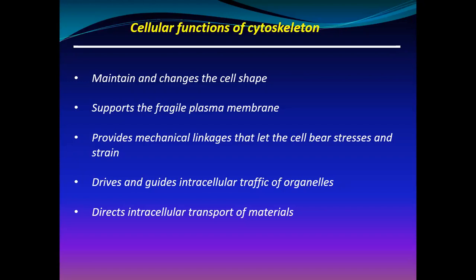And then intracellular transport of material. These are the main functions of the cytoskeleton: maintaining and changing cell shape, supporting the fragile plasma membrane, providing mechanical linkages that let the cell bear stresses and strain, driving and guiding intracellular traffic of organelles, and directing intracellular transport of materials.